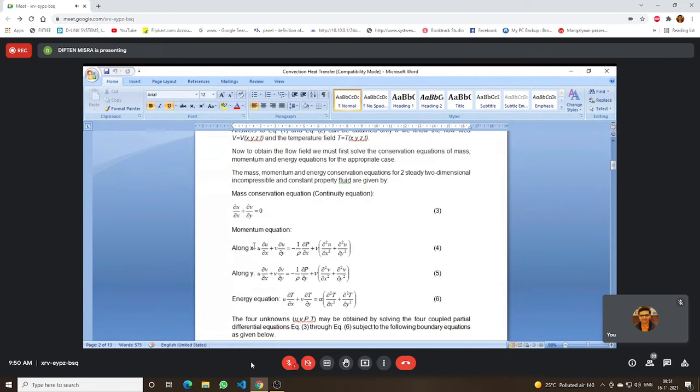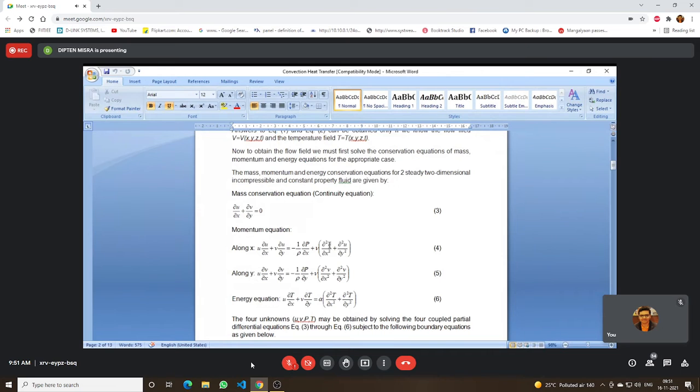Now this is the x direction momentum conservation equation given by u del u del x plus v del u del y. This is the pressure gradient, minus del p del x, 1 upon rho, and this is the term that comes due to momentum diffusion. This is known as the convective terms, and these are the diffusion terms.